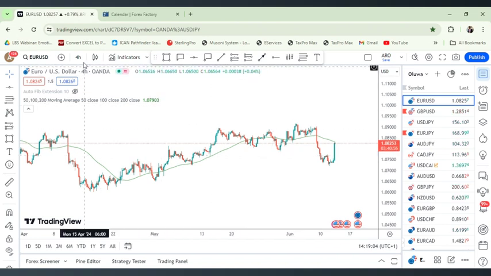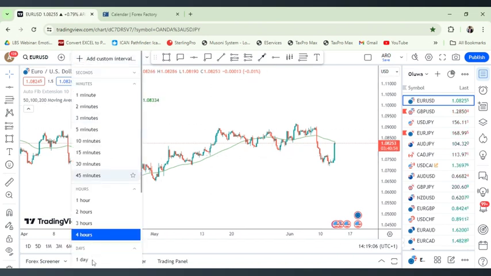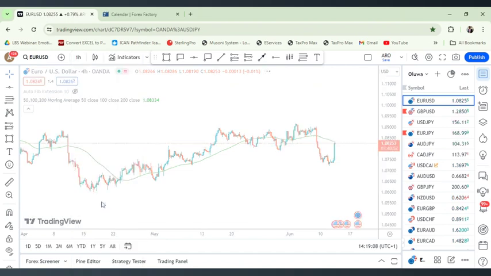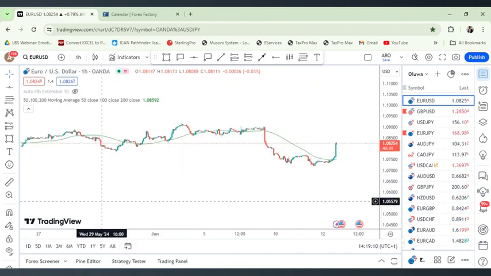What we saw from the 1 hour is quite different from what is happening in 4 hours. The 1 hour is telling us that the market is about to change direction.